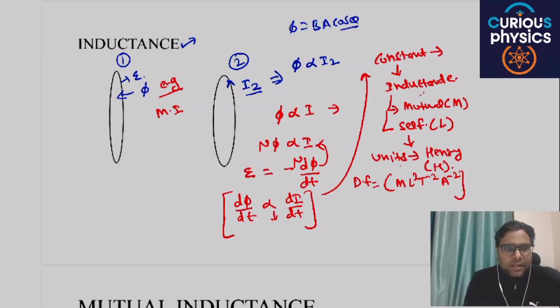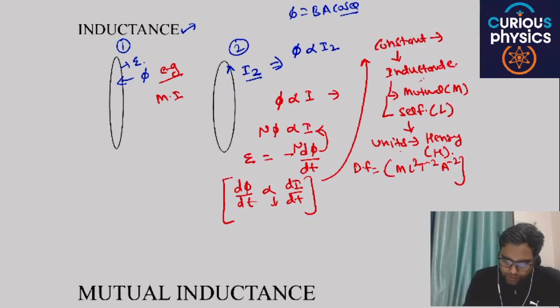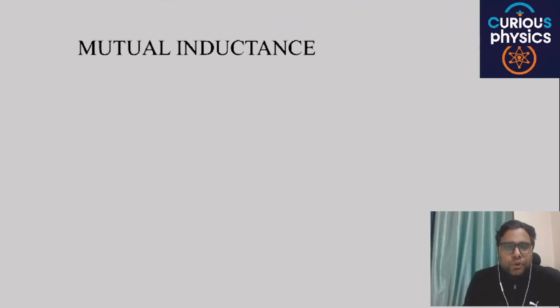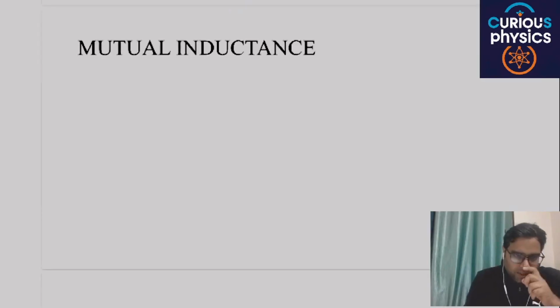Are you able to understand my point or not? So we will study both concepts in detail. First one is mutual inductance. Mutual means there will be two parts: the change in flux in one with the help of the second.